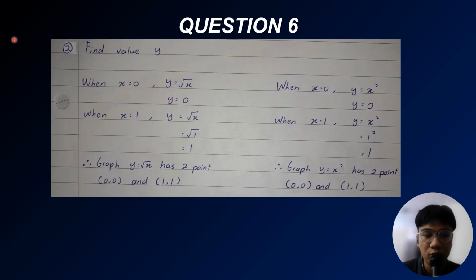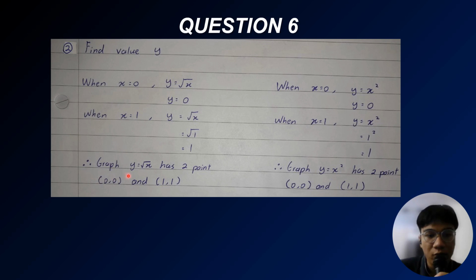For step 2, just like question 5, we have to find the value of y by replacing the x value in the equations y equal to square root of x and y equal to x squared. When x is 0, we get y equal to 0. When x is 1, we get y equal to 1.